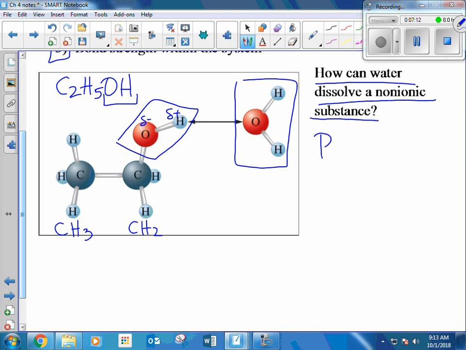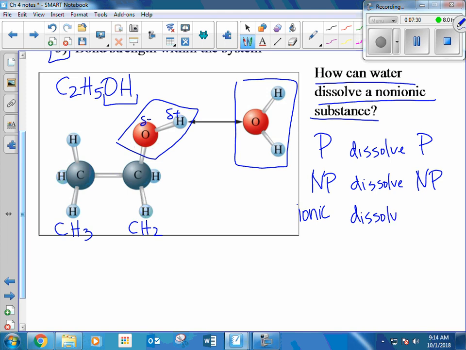Even though we say that polar is going to dissolve polar substances, nonpolar is going to dissolve nonpolar substances, and we also say that ionic substances will dissolve in polar substances like water, it doesn't have to be as strict as this.